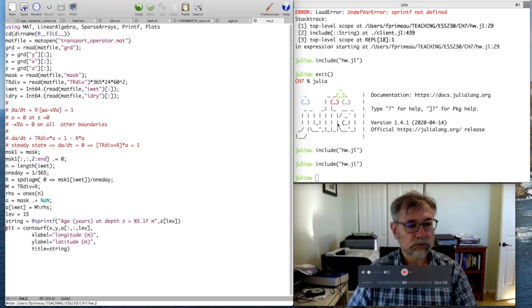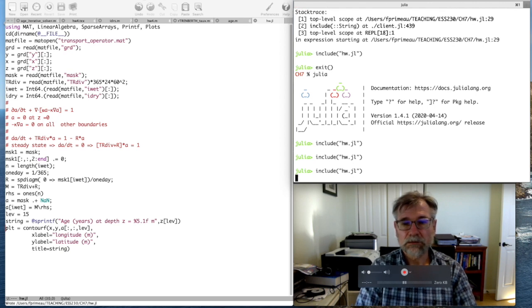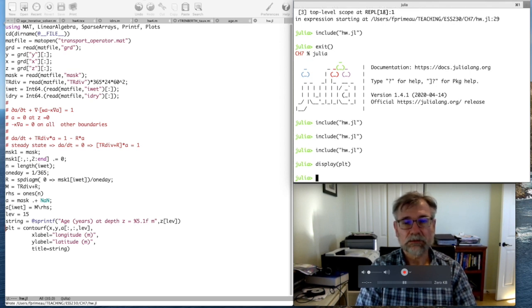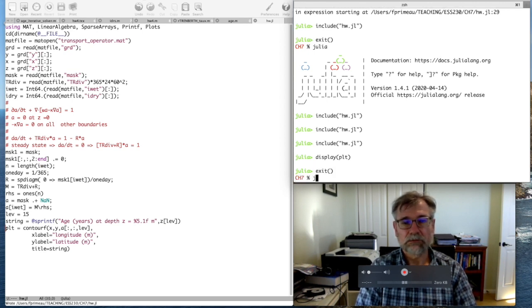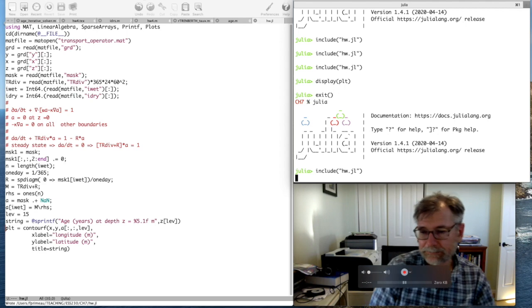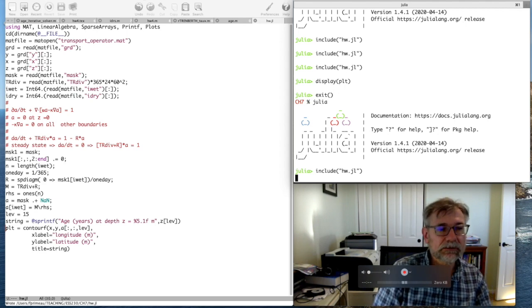Save it. Run it. Display PLT. Does that bring the figure back up? No. It's kind of buggy, huh? Every time I kill it, it's gone forever. I have to remember to minimize and not kill it.